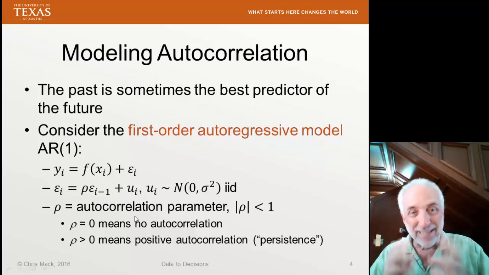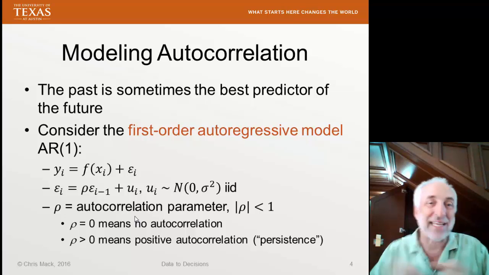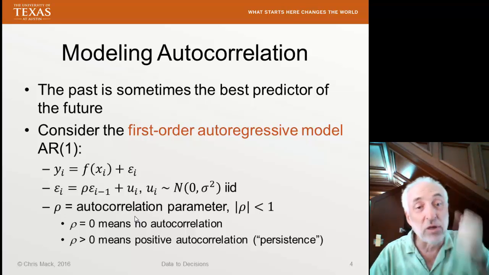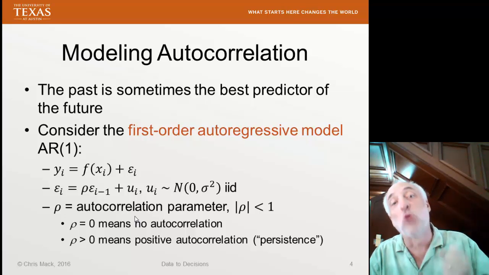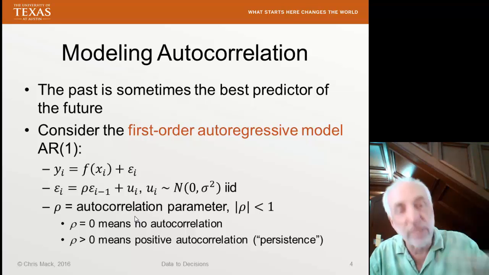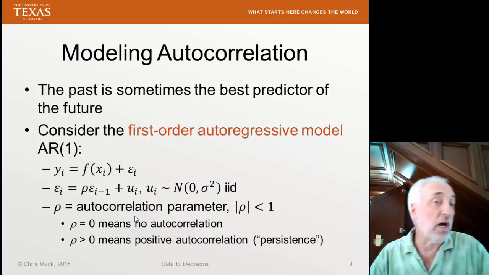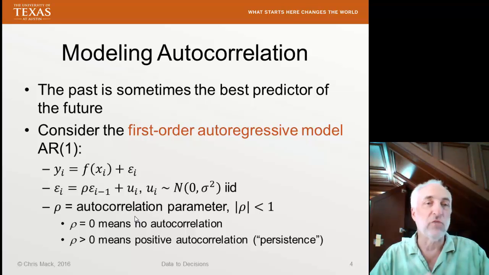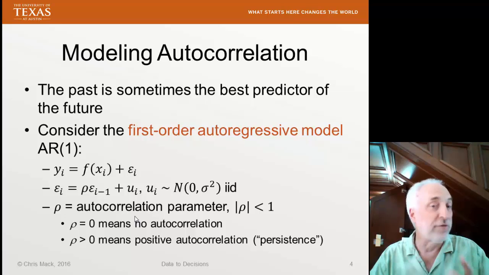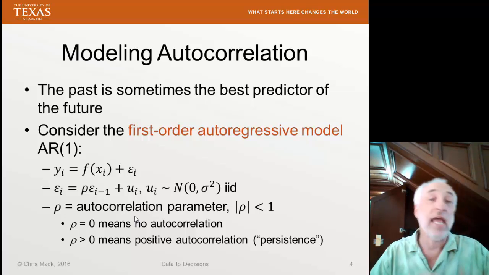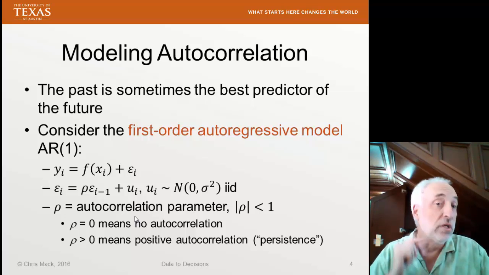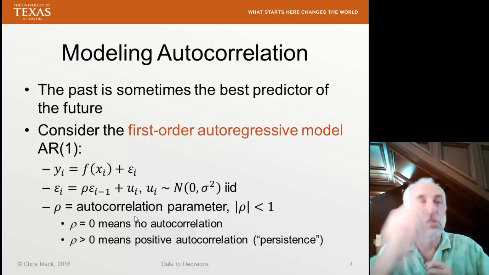So for each residual, there'll be a systematic and a random component, but the systematic component is a function only of the previous residual. So that's why it's AR(1), autoregressive 1. It's autoregressive because it's a function only of itself in the past. And we're saying it's only a function of one previous time step.